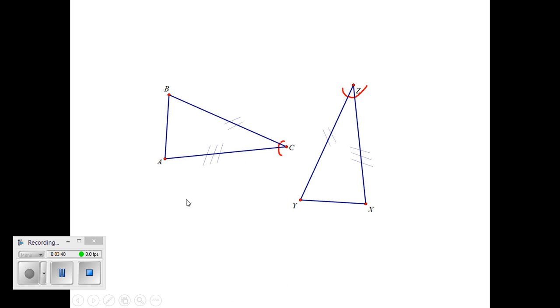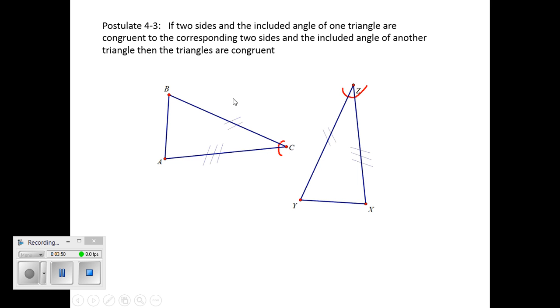Now, here's what we mean by two sides and the included angle. It's the angle formed by those two sides, okay? So in this case, if two sides and the included angle of one triangle are congruent to the corresponding two sides and included angle of another triangle, the triangles are congruent, okay? And there you have it. Two sides and the angle formed by those two sides.